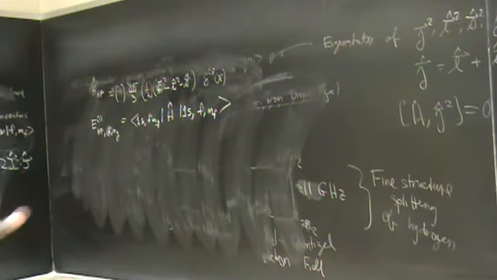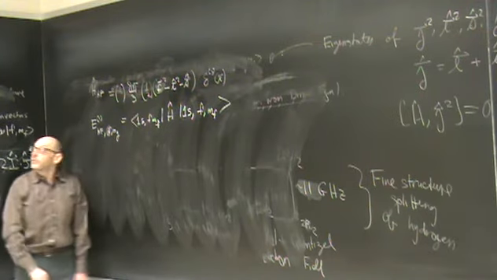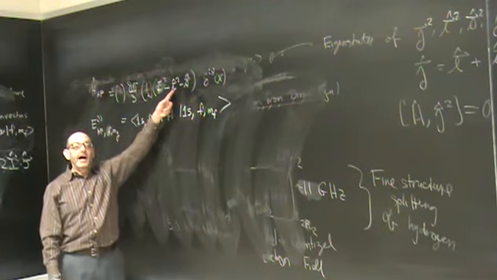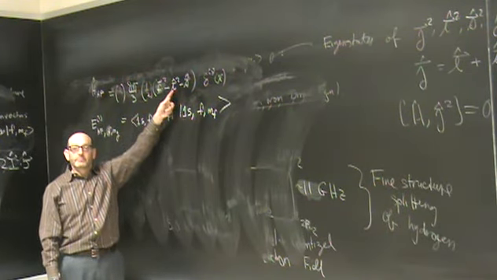Of course, I and s are good quantum numbers. What is the eigenvalue of I squared?